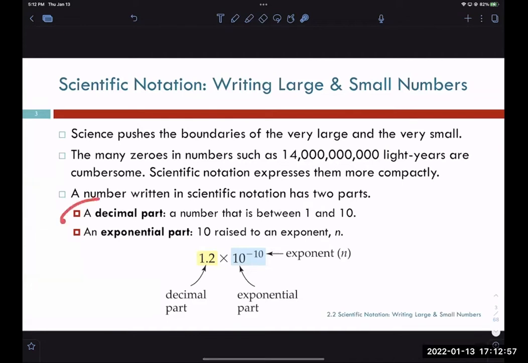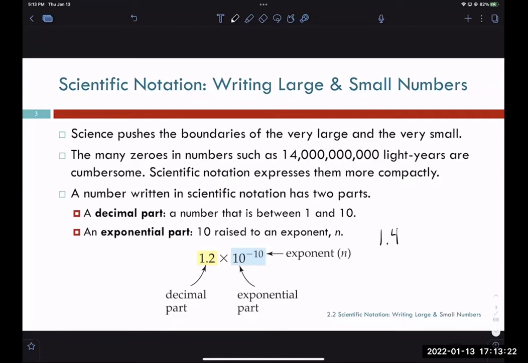Our decimal part will be a number that is between 1 and 10. In this case, this example should really be, I'll leave that there. But if we were to convert this 14 billion, we'd say 1.4, that's our decimal portion. And then the exponential portion indicates how many zeros come between the actual decimal place and that decimal place.